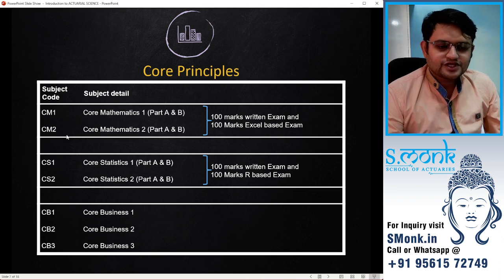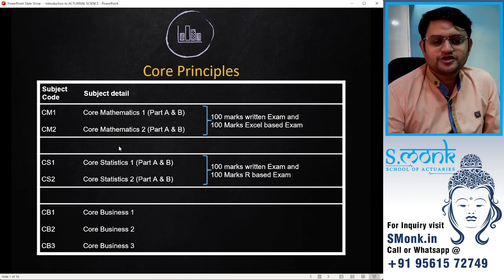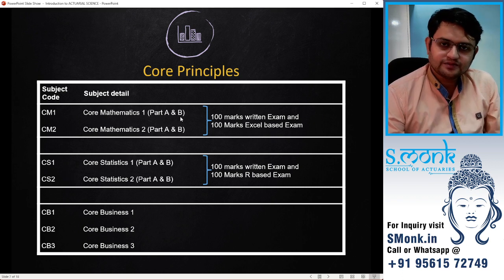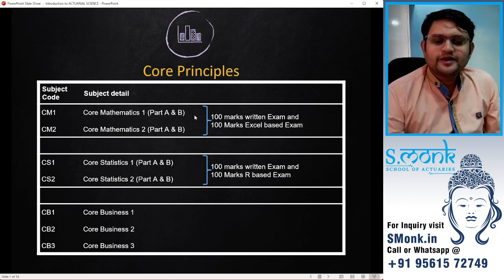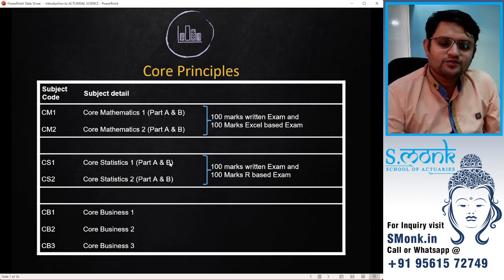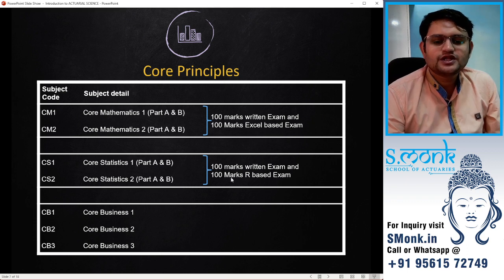Now CM1, CM2, actually all of these 4 papers contain 2 papers each. We have part A and part B. So in the 2 mathematics subjects, you have a 100-mark written paper as well as a 100-mark Excel-based exam. Similarly, in the 2 statistics subjects, you have a 100-mark written examination and a 100-mark R-based examination.